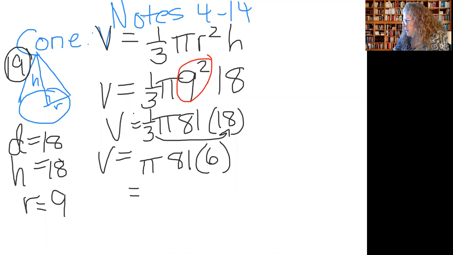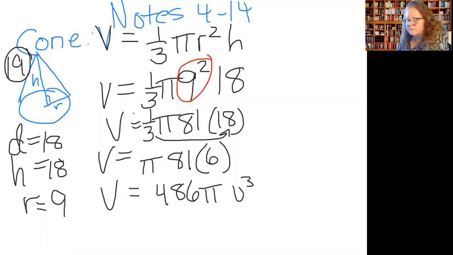So then when I multiply it out, volume is equal to 486 pi units cubed, whatever the units were. Oh, they were kilometers. Okay. And that was it. So hard or easy, what do you think?